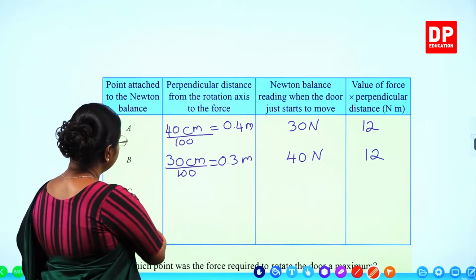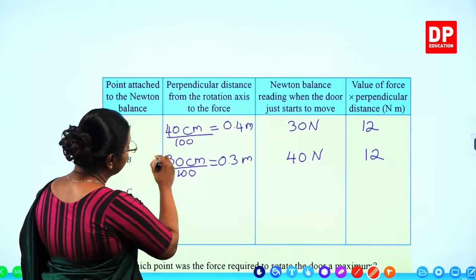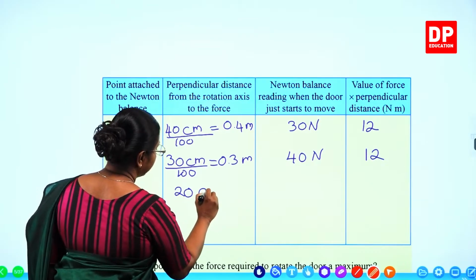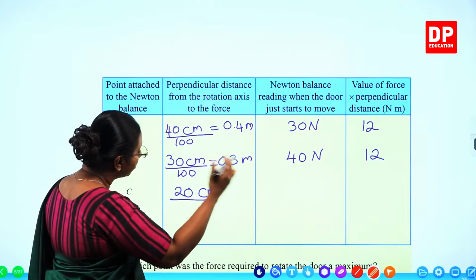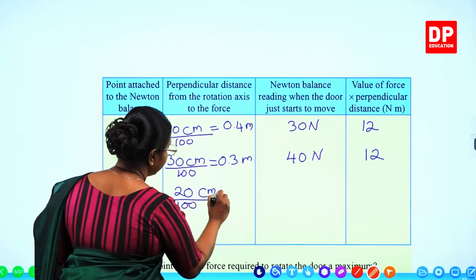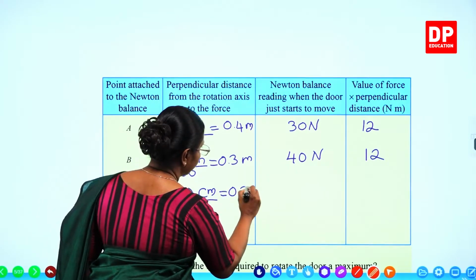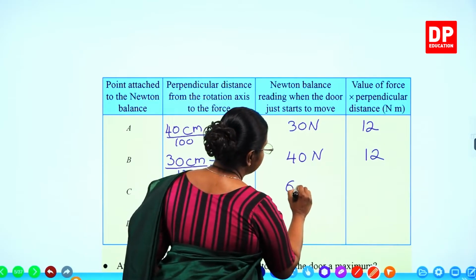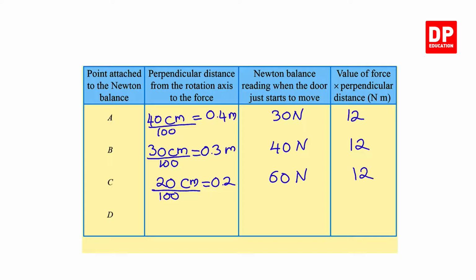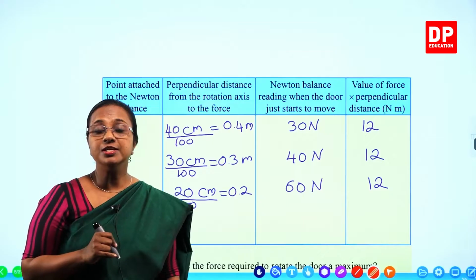The same way, if we take point C, let's say point C has a distance of 20 centimeters. Now, you can see it's becoming closer to the rotation axis. Divided by 100, that's going to be 0.2 and the force will be 60 Newton. So, again you will have the value 12, 60 into 0.2.